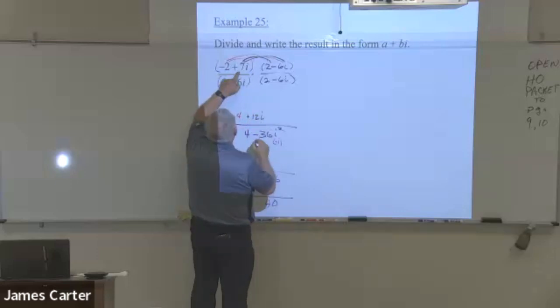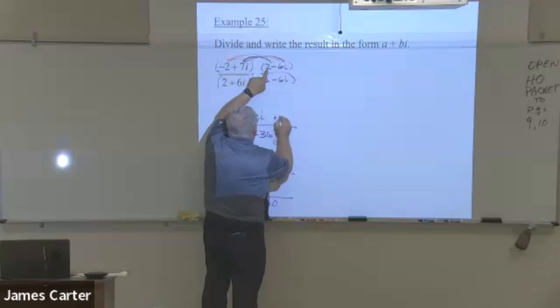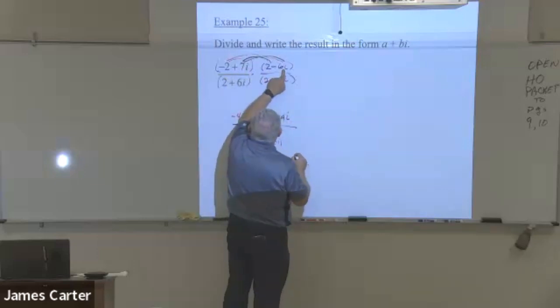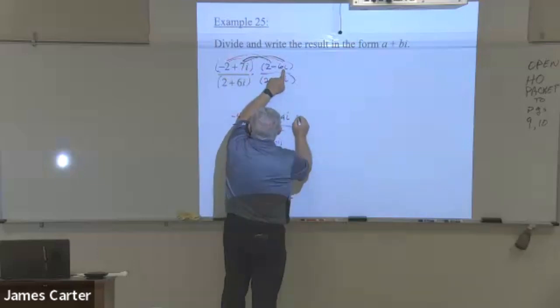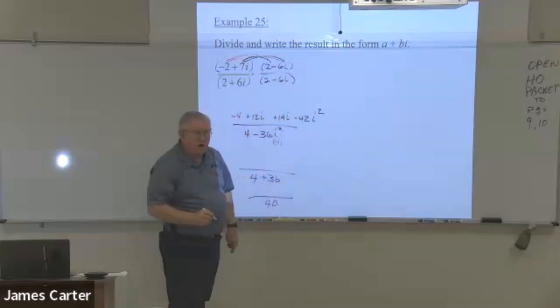Now, this times that is what? 14i. And this times that, negative 42i squared. This one isn't going to be a conjugate. We're not going to have a middle dropout.